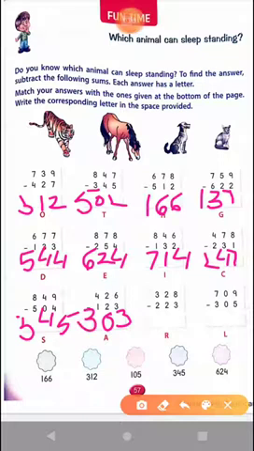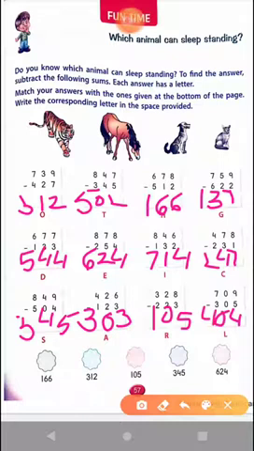Next is 328 minus 223. So 8 minus 3 is 5, 2 minus 2, 0, and 3 minus 2, 1. And next is 9 minus 5 is 4, 0 minus 0 is 0, and 7 minus 3 is 4.